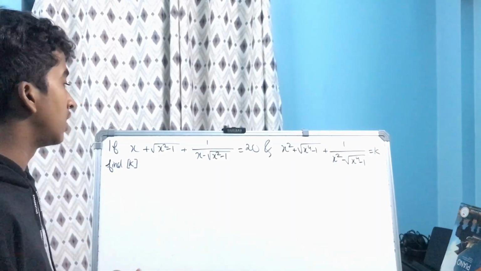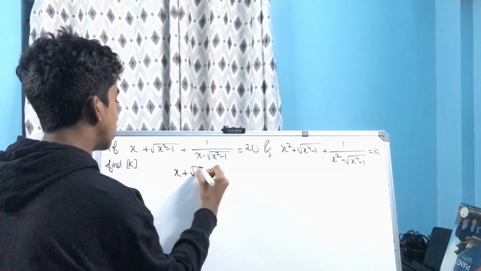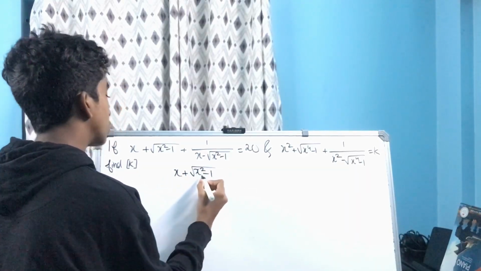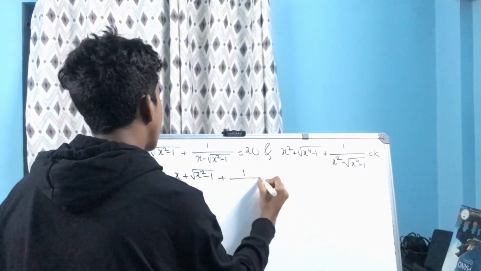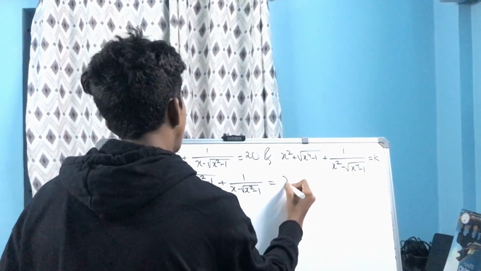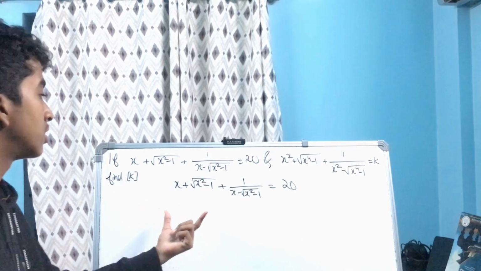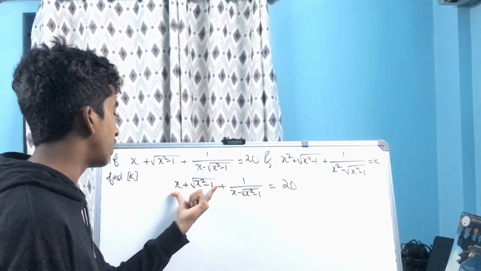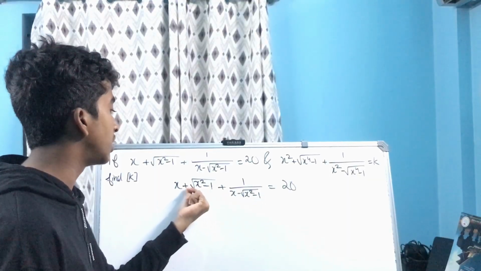So let's try to solve this problem. First, let's write the first equation that's given to us. x plus square root of x squared minus 1 plus 1 by x minus square root of x squared minus 1 equals 20. Now, first thing you'll probably notice is that we have an expression here that is essentially the same as this except the sign that's in the middle.